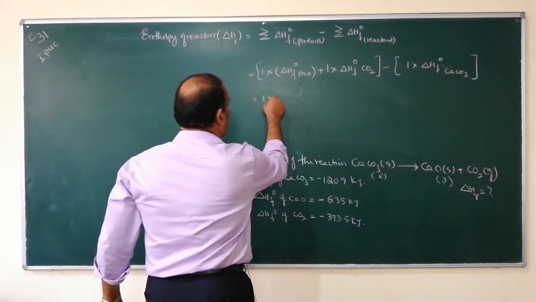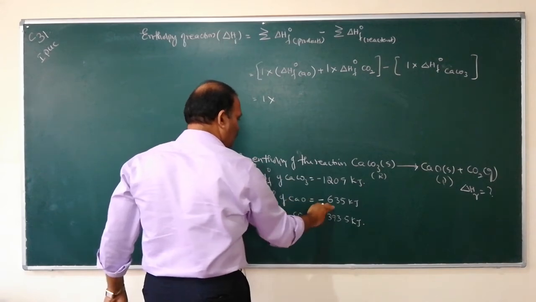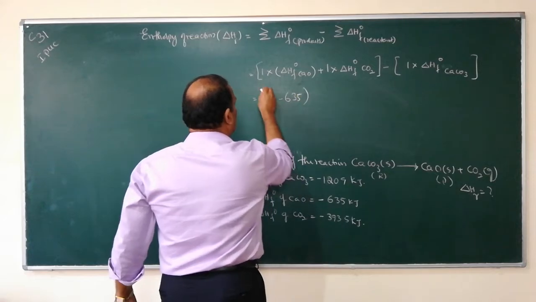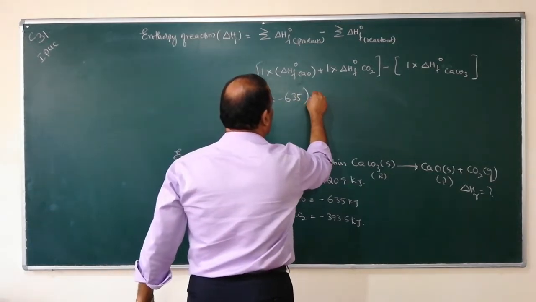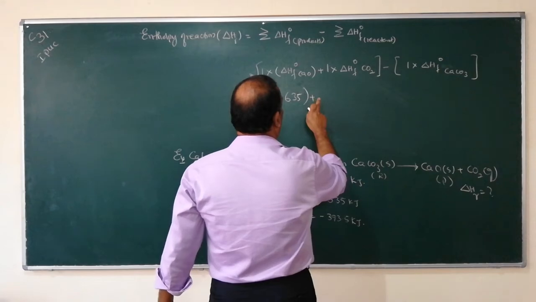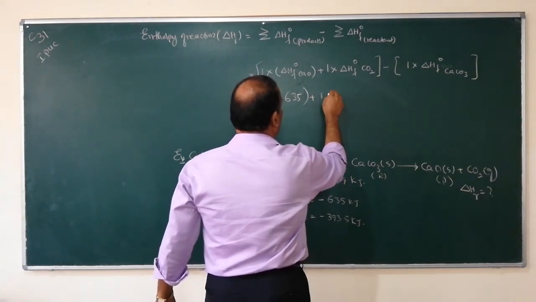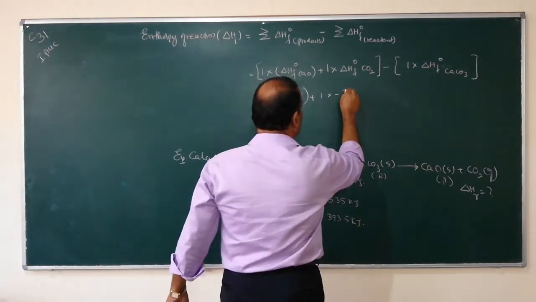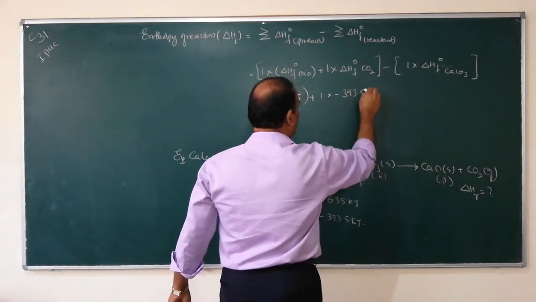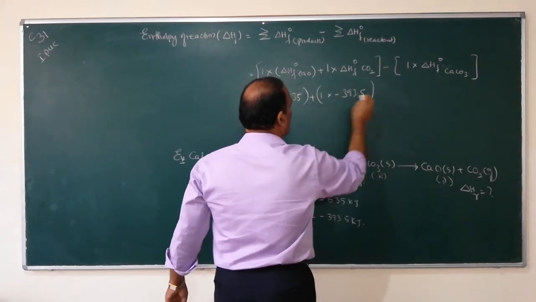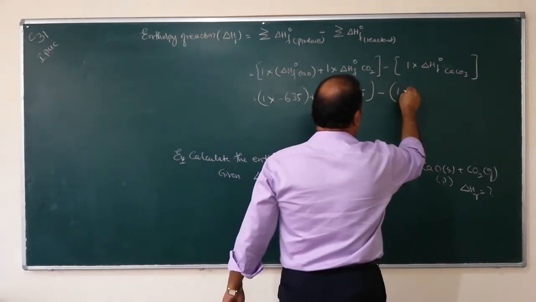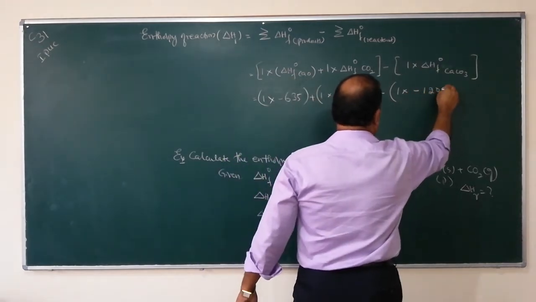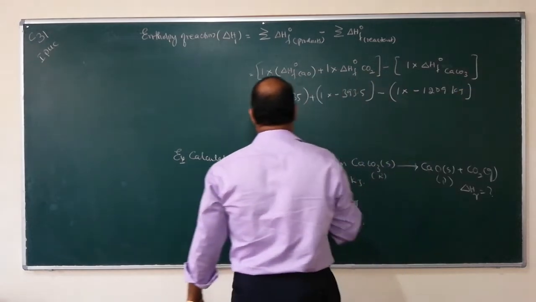So 1 into delta HF naught of CaO equals minus 635, plus 1 into delta HF naught of CO2, minus 393.5, minus of 1 into minus 1209 kilojoules.